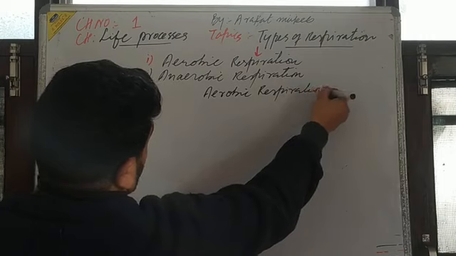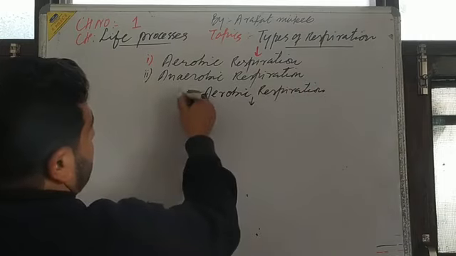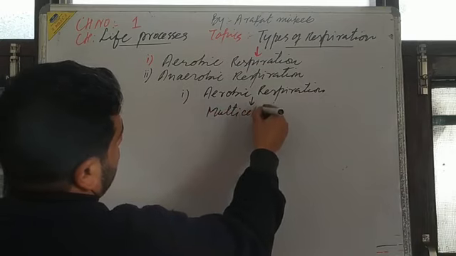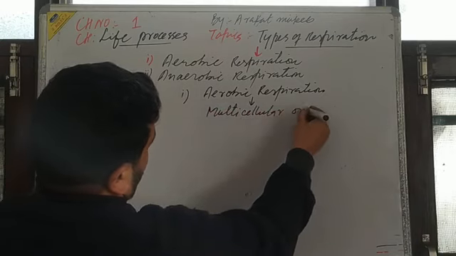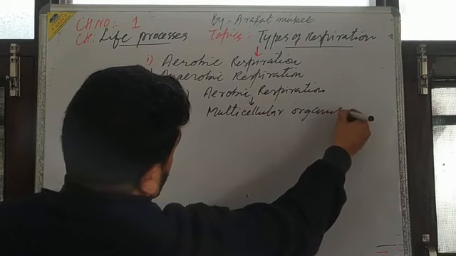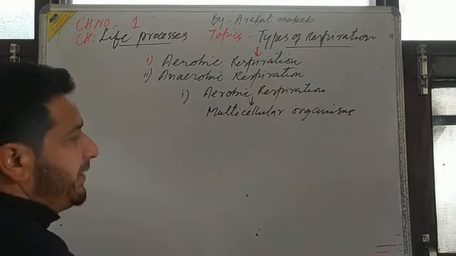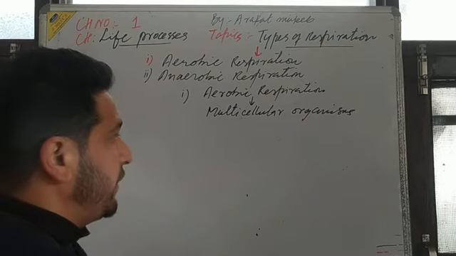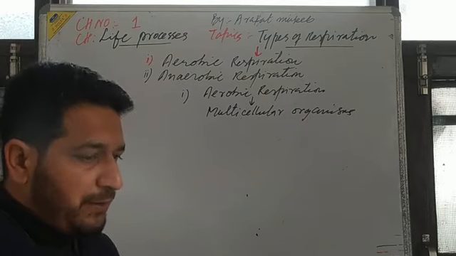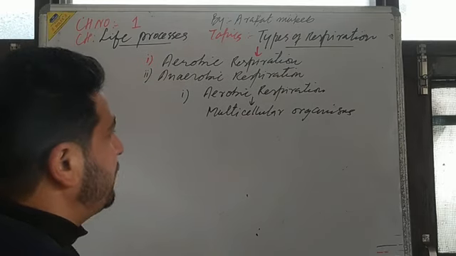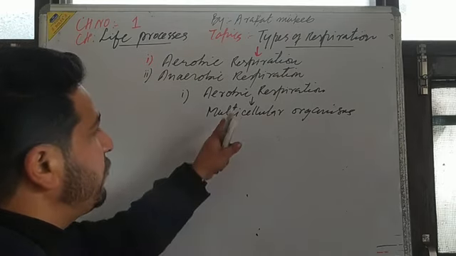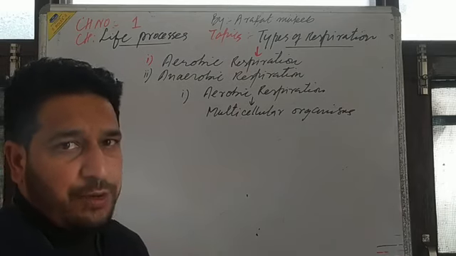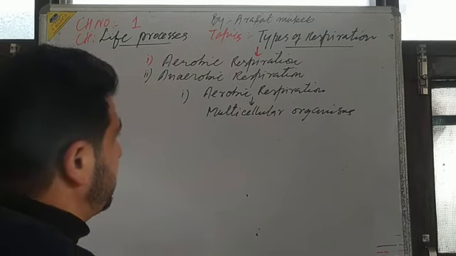This type of respiration takes place in multicellular organisms, and with some exceptions also in unicellular organisms like amoeba, paramecium, bacteria, or other examples, but it is very common in multicellular organisms, as we talk about plants and animals.